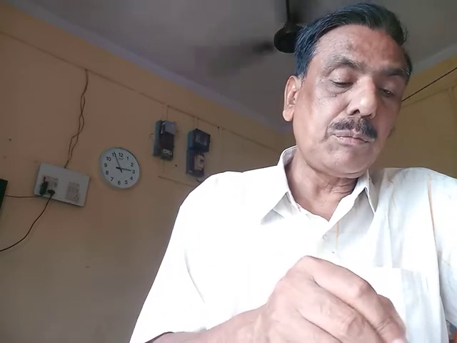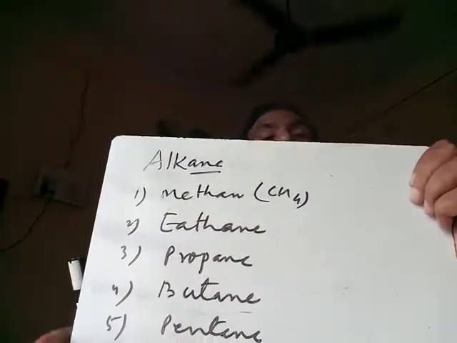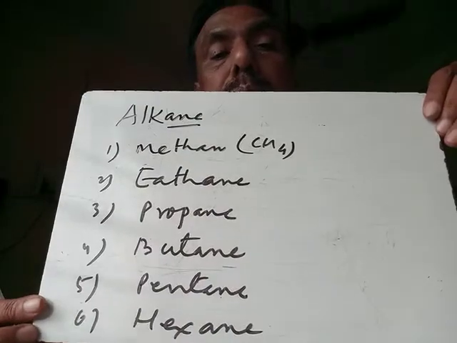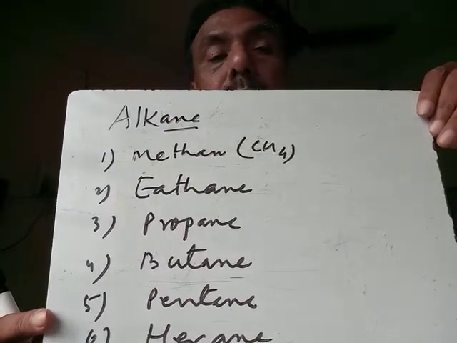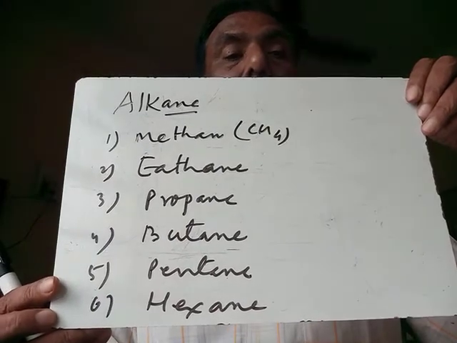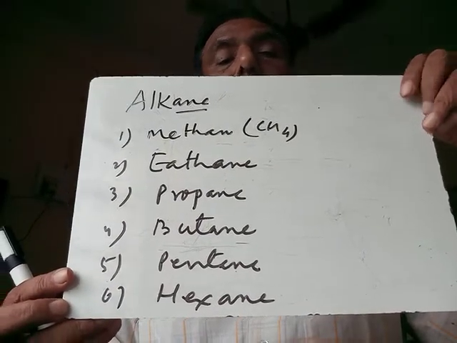Methane, then ethane, then propane, then butane, then pentane, then hexane. All of them end with ANE. So the order is methane, ethane, propane, butane, pentane, hexane, heptane, octane, nonane, and decane.